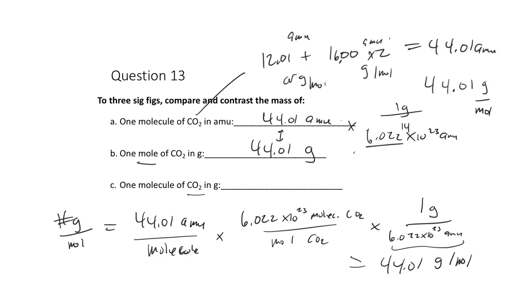So the mass of a single molecule of CO2 is going to be really, really small, 44.01 divided by 6.02214 times 10 to the 23, and so that's 7.308 times 10 to the minus 23. Technically, this wanted all of these to 3 sig figs. So 44.0, 7.31 times 10 to the minus 23 grams. It's a really small mass.